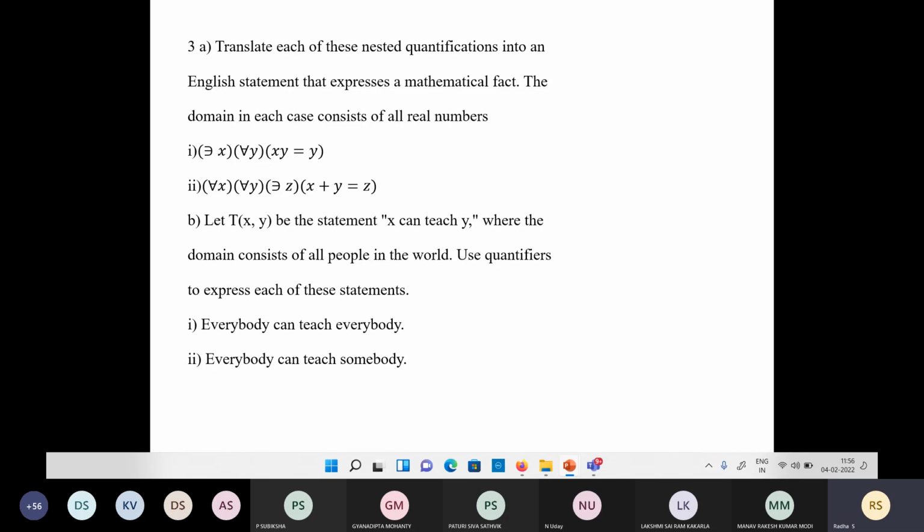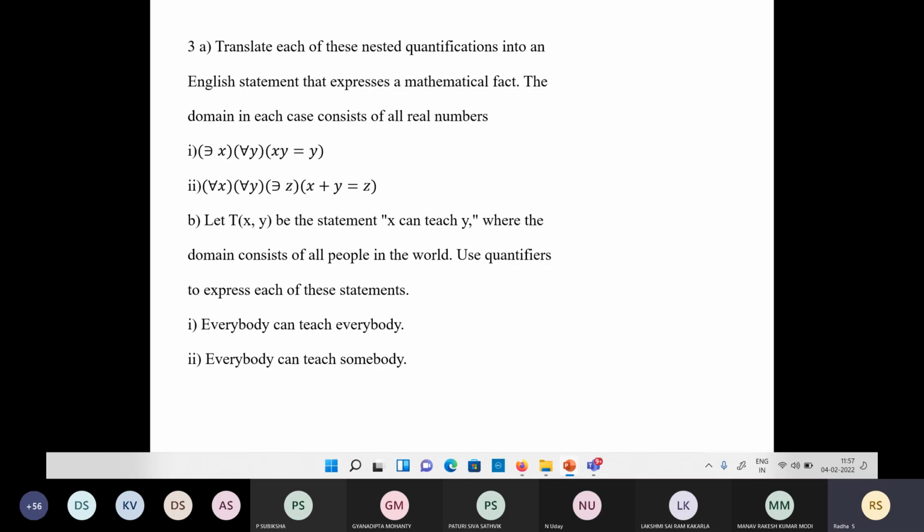Just use English and say, there is a real number x for every real number y, such that their product is y. The real number y. So what is that x actually? Multiplicative identity.